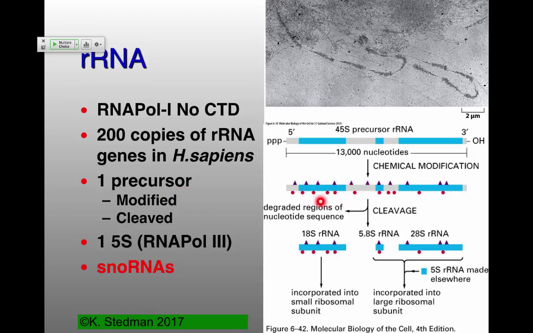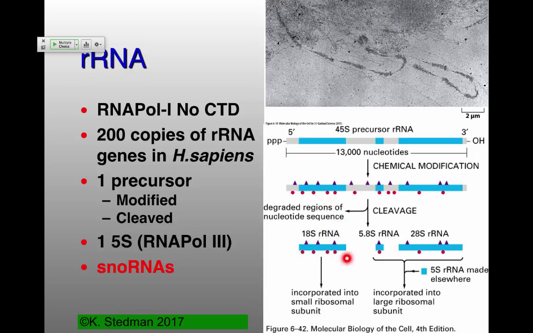This is just a slight description of some of the literally hundreds of modifications that happen to the RNA before it actually can be a functional ribosomal RNA. So lots of modifications. We'll see how that modification happens here in just a second.